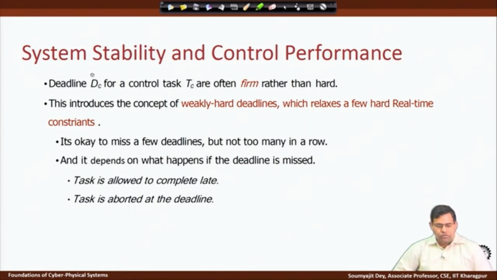The way we typically consider scheduling of the system is that the deadline is mostly considered firm, that means the control task must finish inside this. Now, one important question is: what happens if the control task somehow overruns this deadline? Am I going to allow it to execute, complete, and then apply?